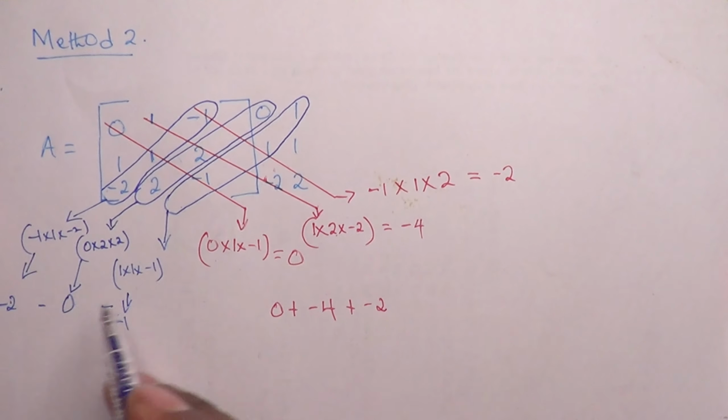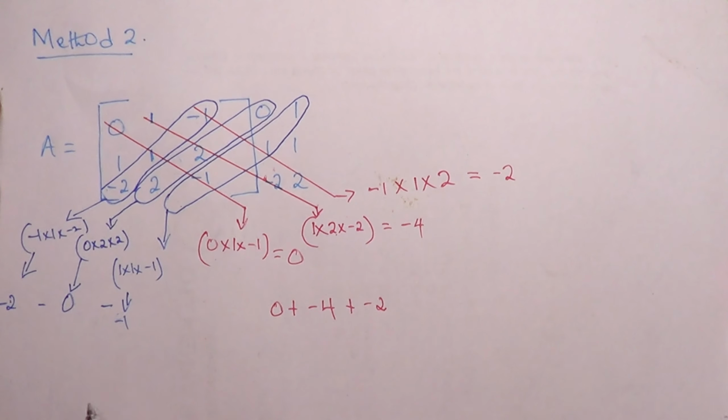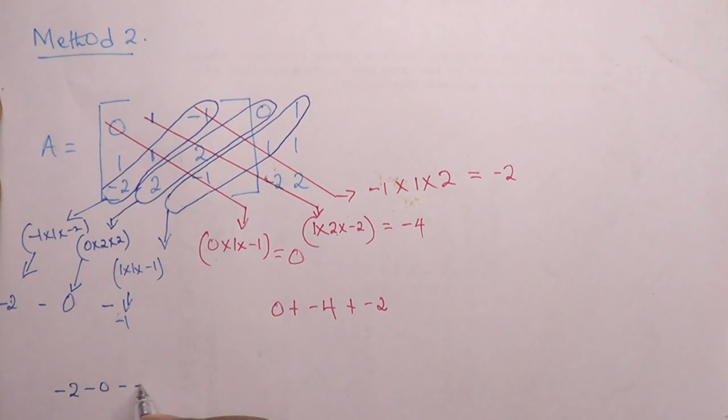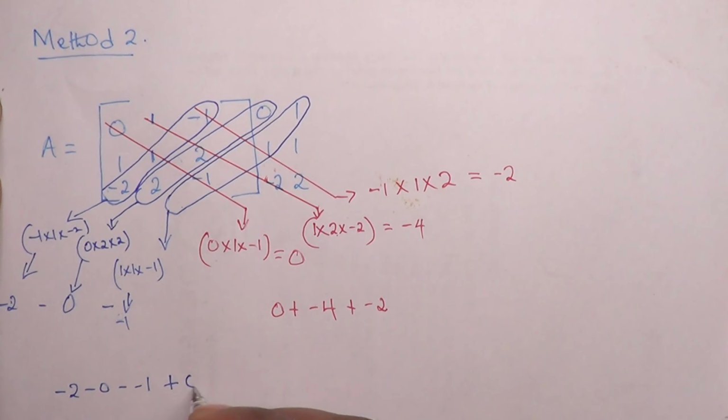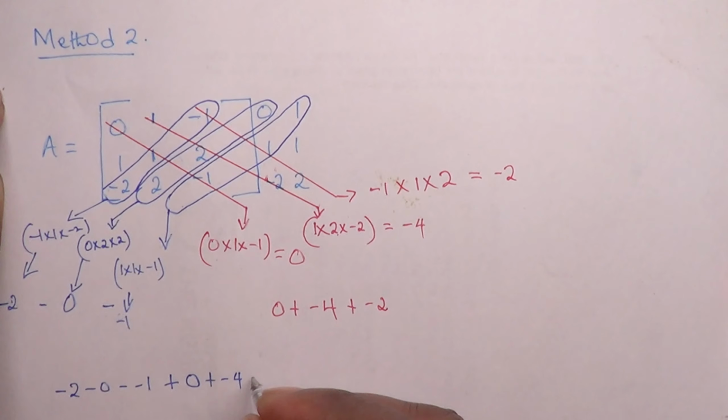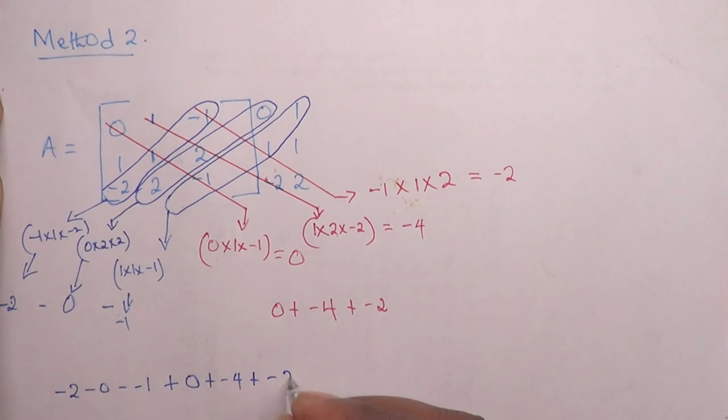So for me to subtract them, it's going to be negative 2, minus 2, minus 0, minus negative 1, plus 0, plus negative 4, plus negative 2.